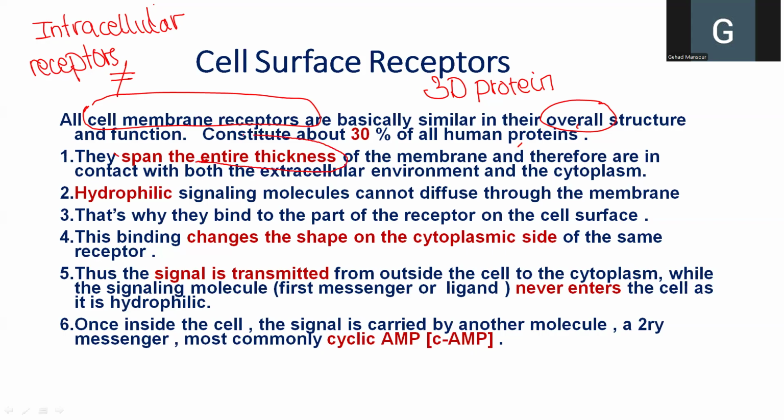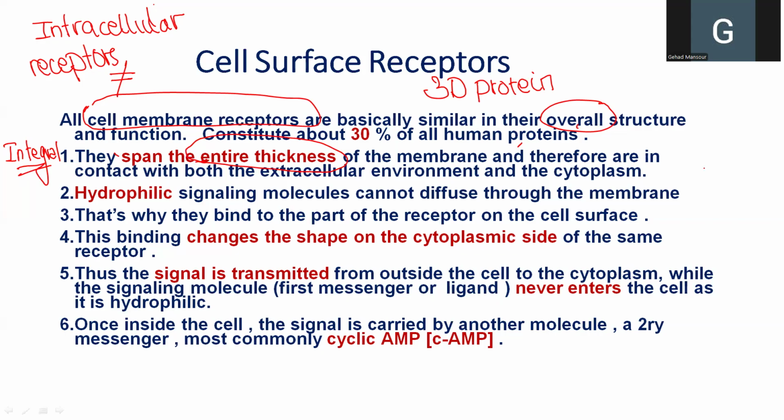When a protein receptor spans the entire thickness of the membrane, we call it an integral protein. So what is an integral protein? An integral protein is a protein molecule that spans the whole thickness of the cell membrane.